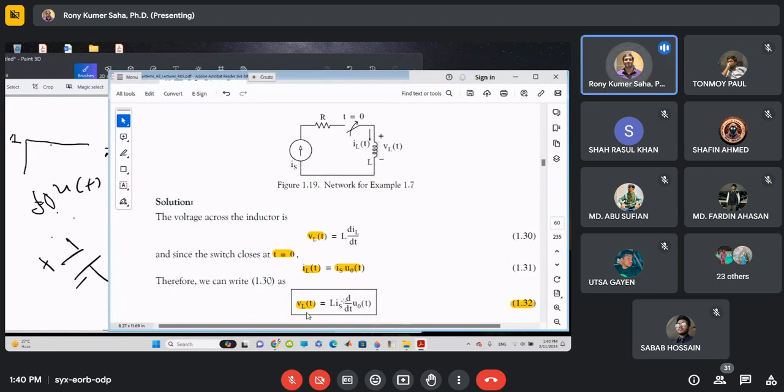You have already given the circuit, and following the circuit, through your calculation, you have found this expression for VL, which is basically a function of the derivative of the unit step response. So do you think the calculation or the result for VL is correct or not?